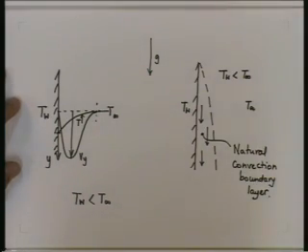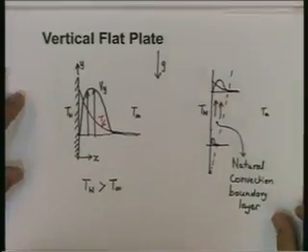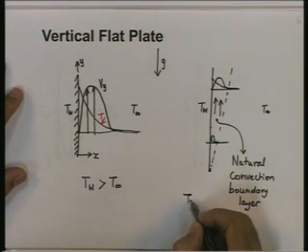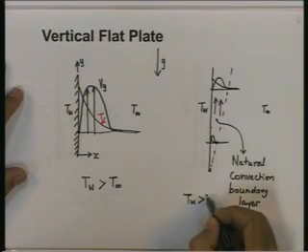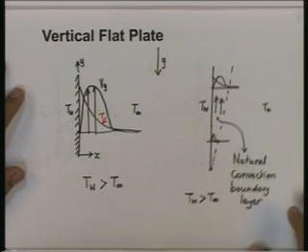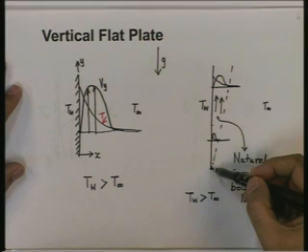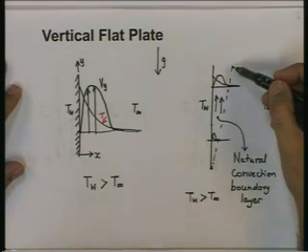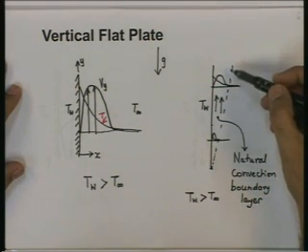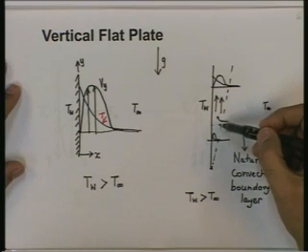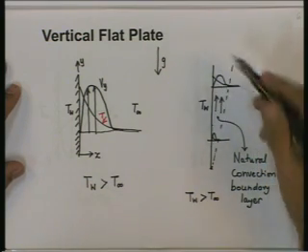Compared to the first situation where we assumed the wall temperature to be higher than the free stream temperature, the boundary layer there began with the bottom edge and became thicker as we move upwards. In the boundary layer, the fluid was drifting upwards.